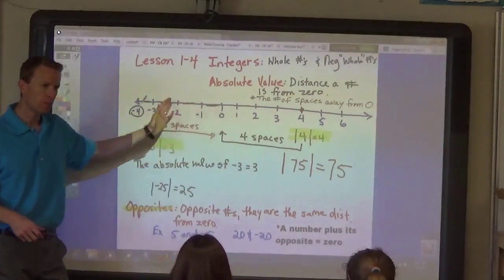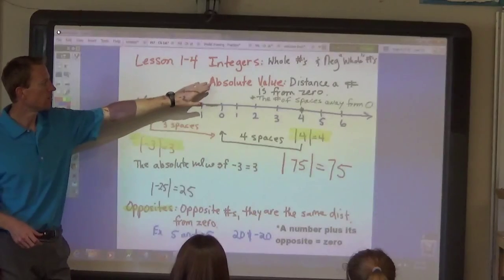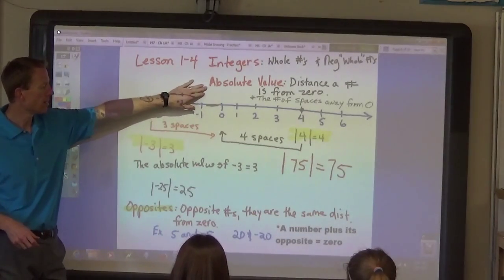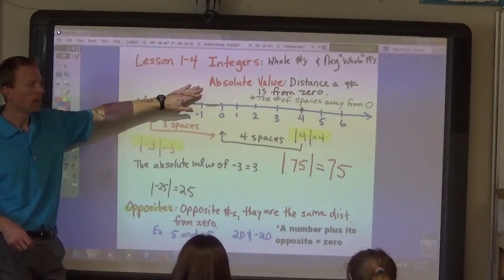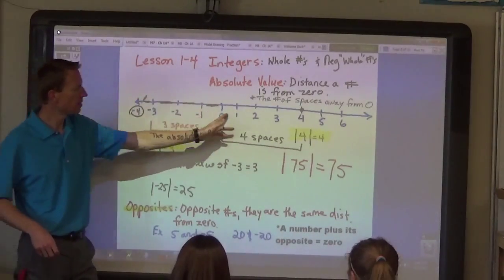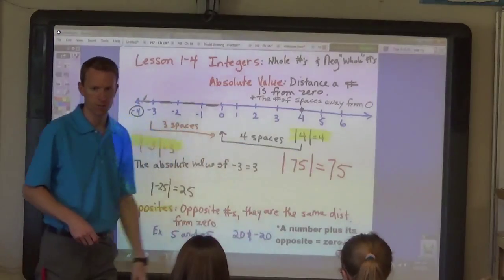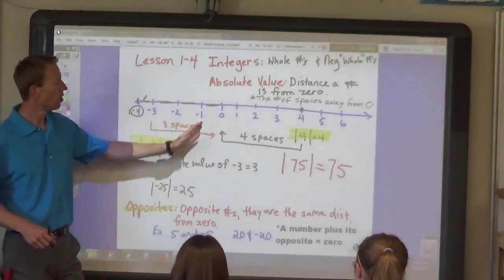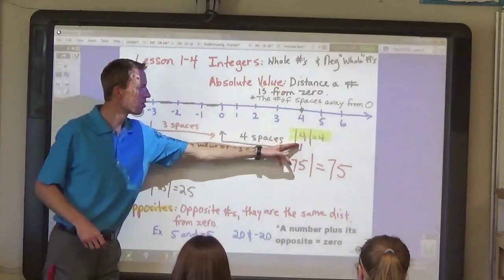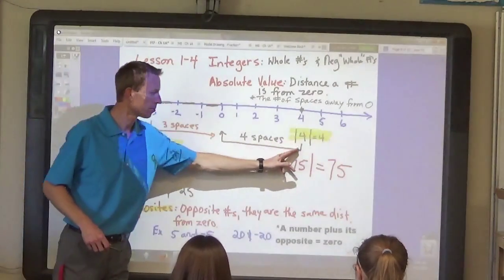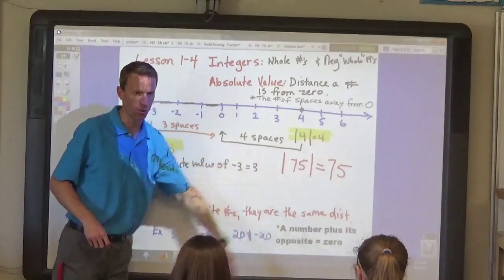Now, speaking of spaces from 0, that gets us to the other term that we're going to talk about today, and that's absolute value. The absolute value of a number means the distance that number is from 0. So, the absolute value of 4, since it is 4 spaces, has a value of 4.